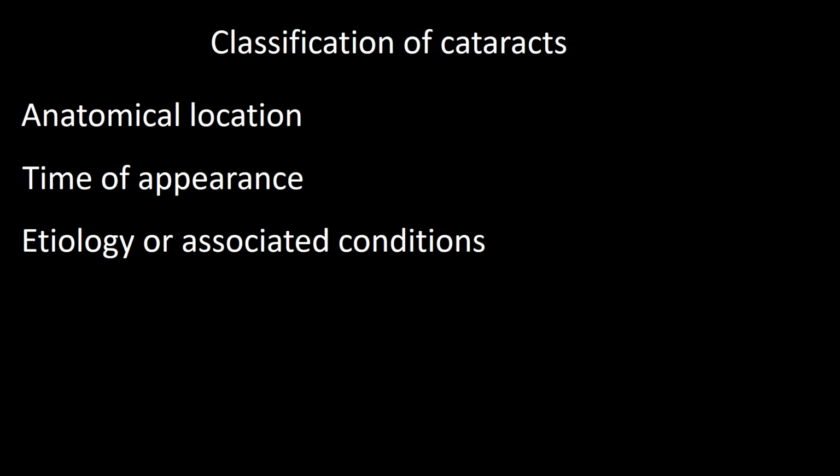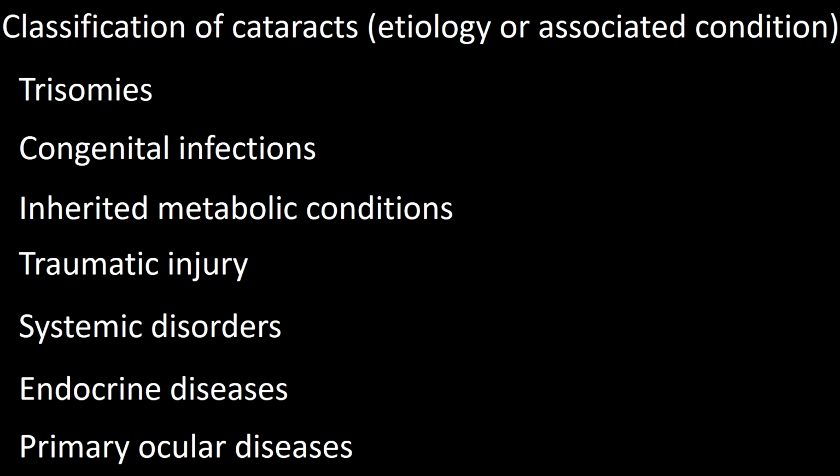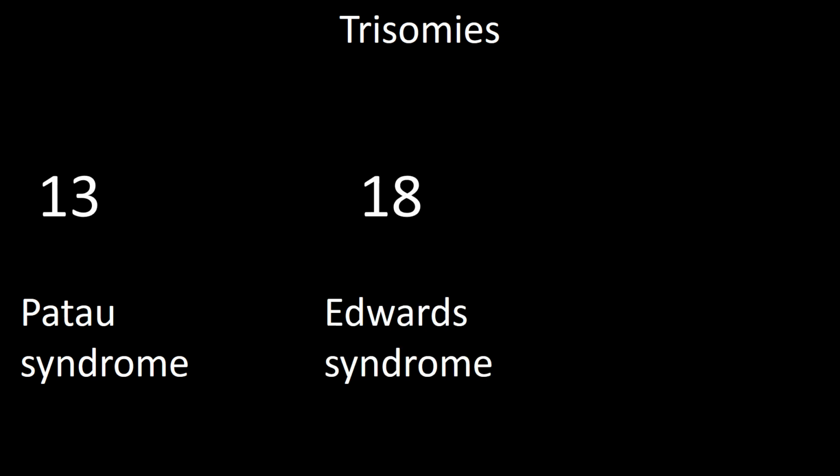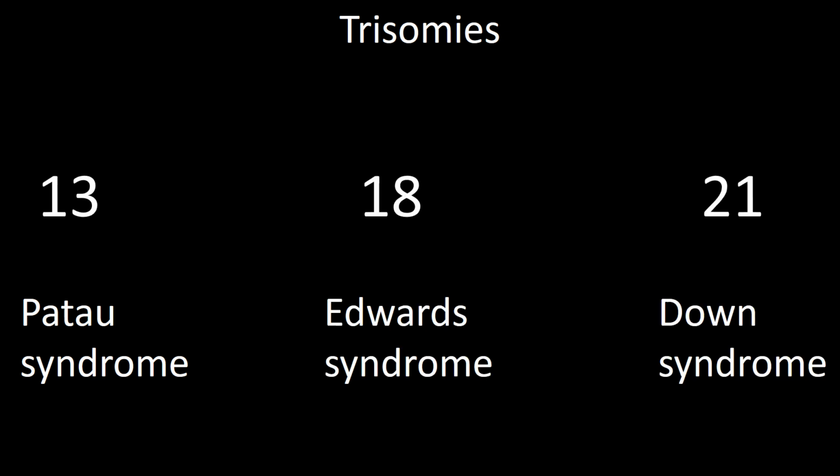Cataracts can also be classified according to the etiology or associated accompanying condition. This is a partial list that I hope will help you organize the classification of cataracts based on etiology or associated accompanying conditions. Trisomies associated with cataracts are trisomy 13, also called Patau syndrome, trisomy 18, also known as Edwards syndrome, and trisomy 21, also known as Down syndrome.